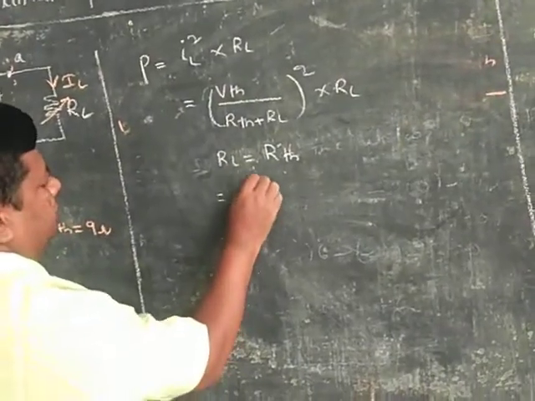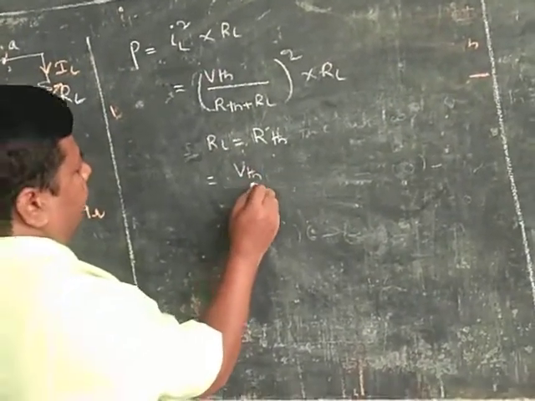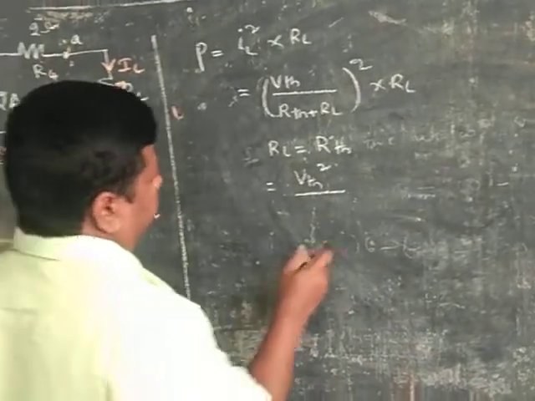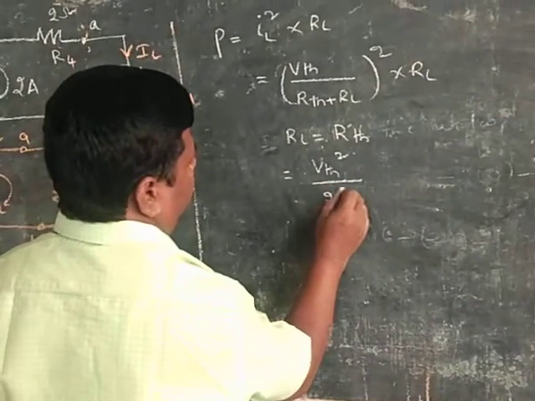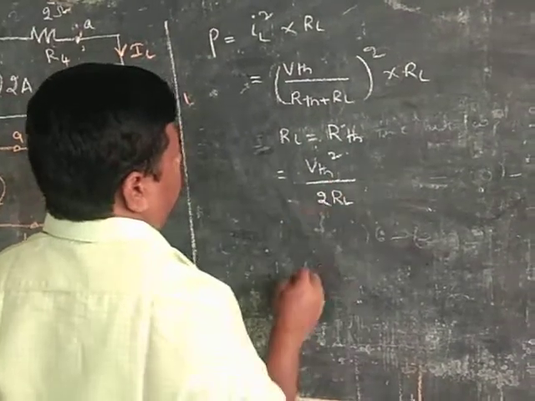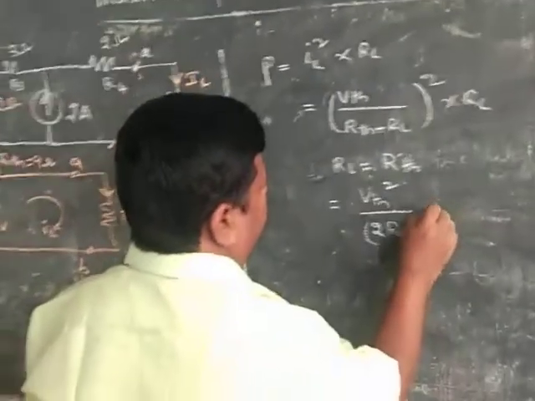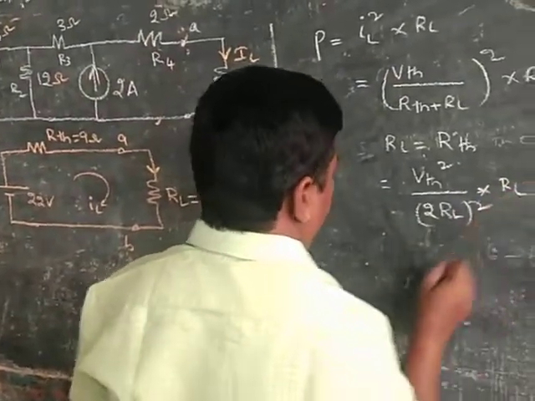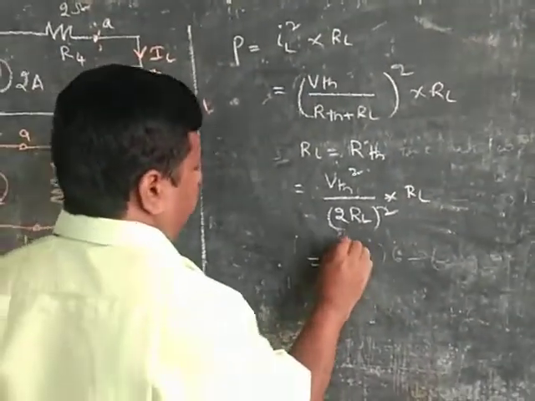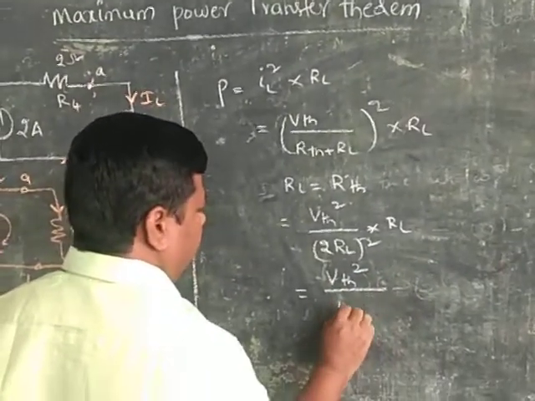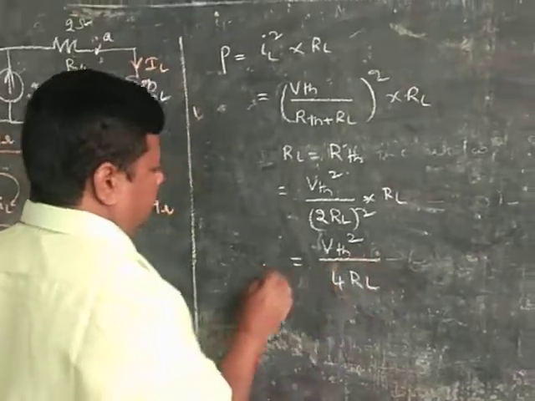Substitute the condition: V Thevenin whole square by 2RL whole square into R. That is equal to V Thevenin whole square by 4R.